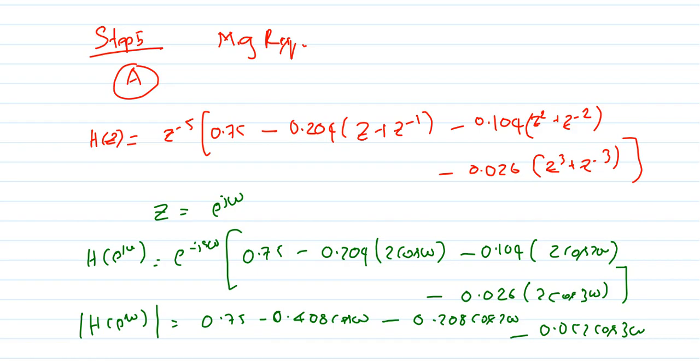Now in this part, we'll take different values of omega. For different values of omega, you calculate the magnitude of H of e power j omega. You can also convert that into decibels.